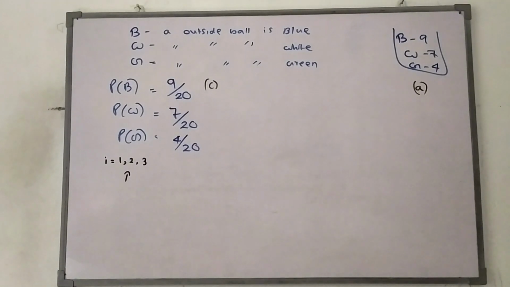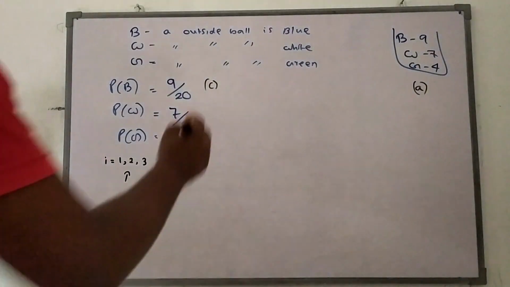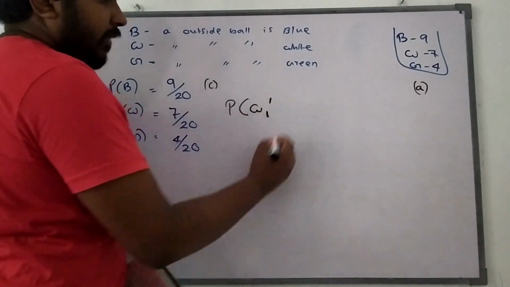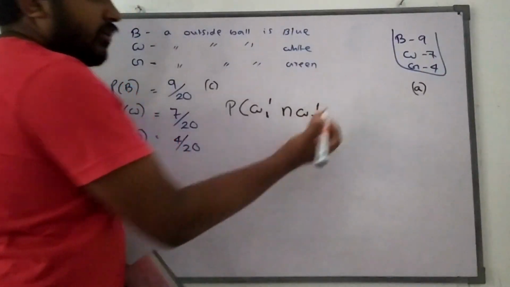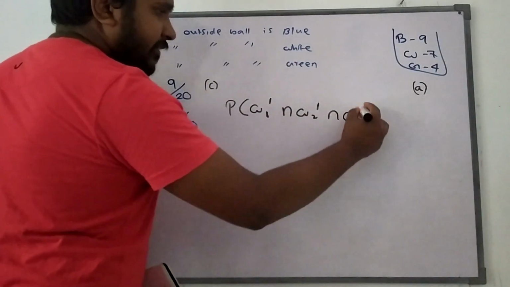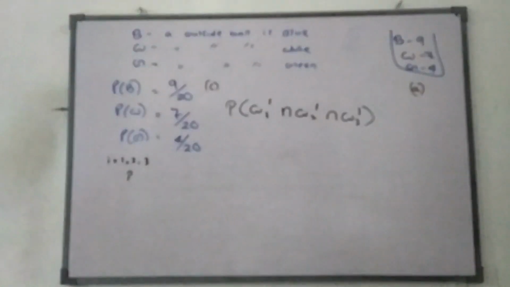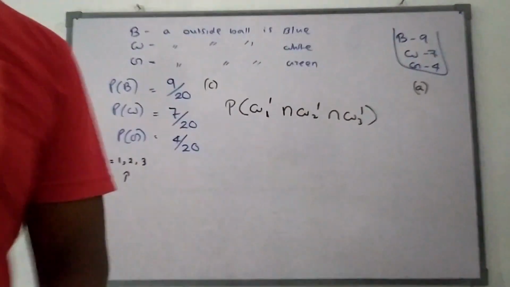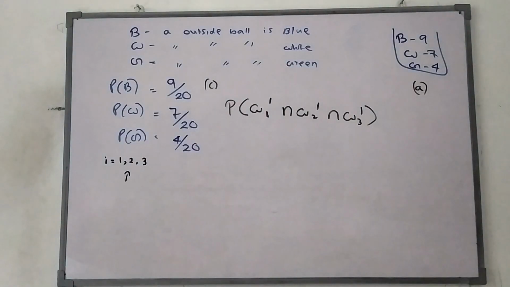But now for at least one ball, what do you think about a non-white ball? The first selected ball is not white, the second one is not white, the third one is not white. These balls are not white, so they are green or blue.